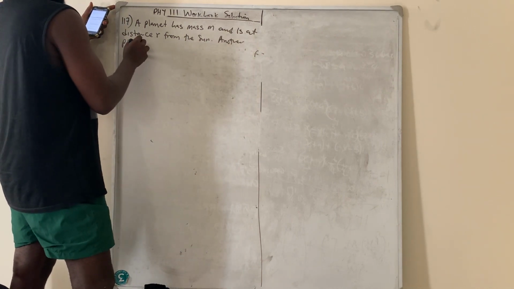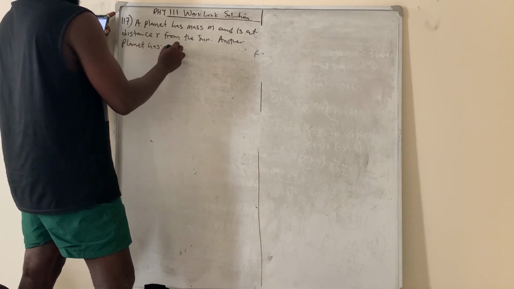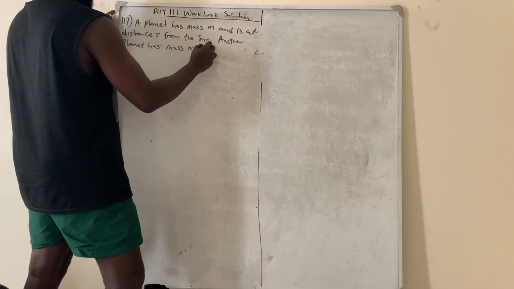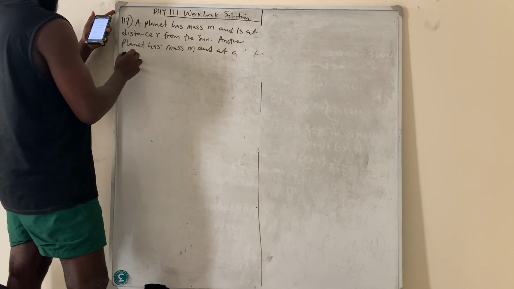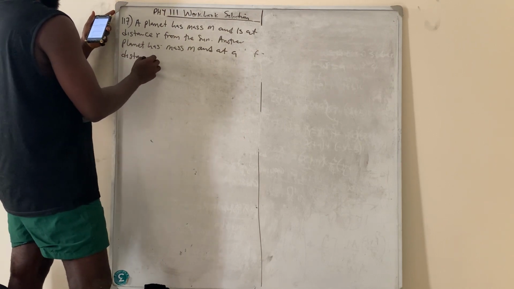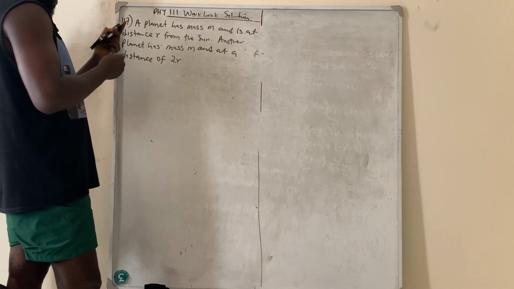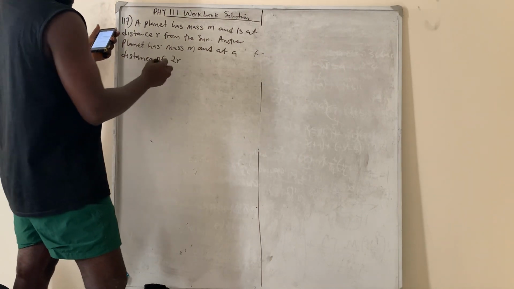Another planet has mass m and is at a distance of 2r from the sun.